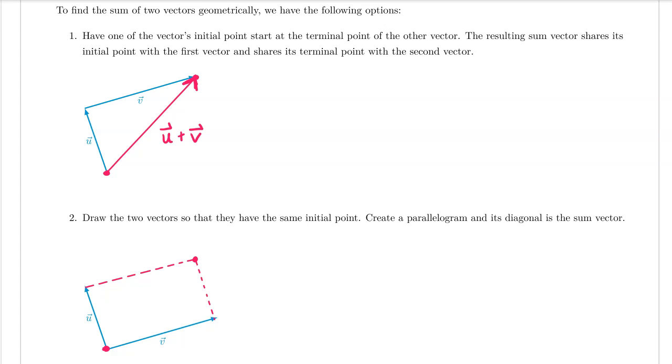So let me go ahead and connect those, and then that will give us our sum vector. All right, so here is our new vector, vector u plus vector v, and that's our sum vector there. So those are 2 ways that we could draw the sum vector when we're given 2 vectors.